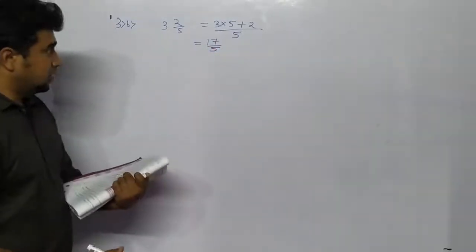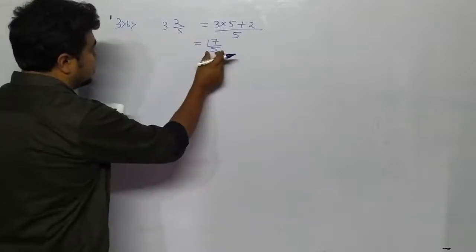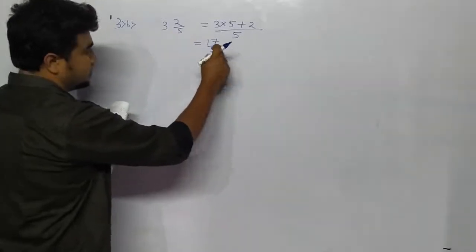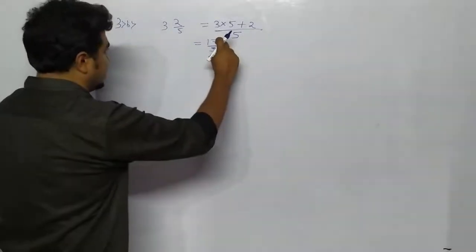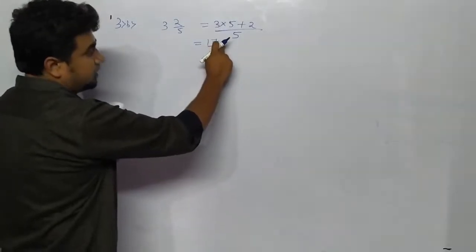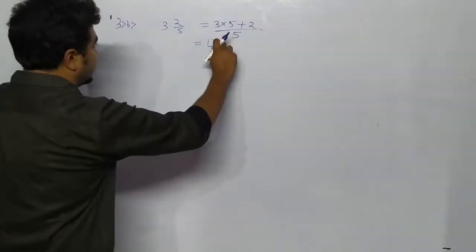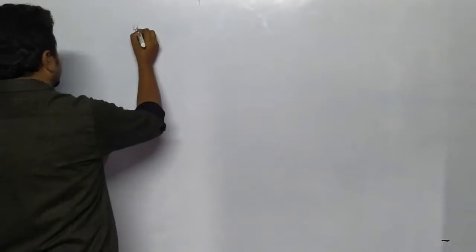This is one of the methods of converting a mixed fraction into an improper fraction. You can see why it is improper: the numerator 17 is greater than the denominator 5.